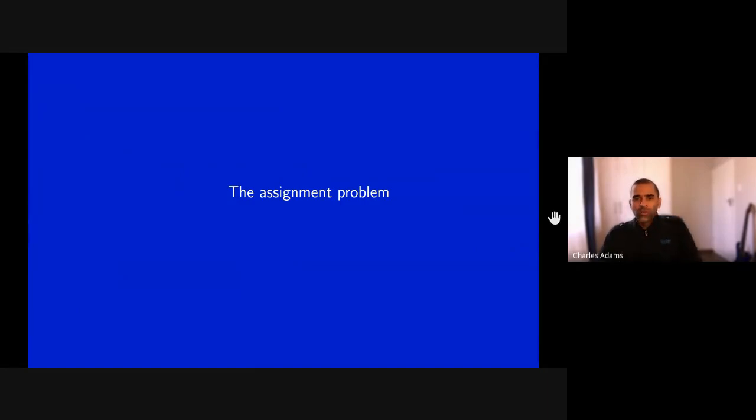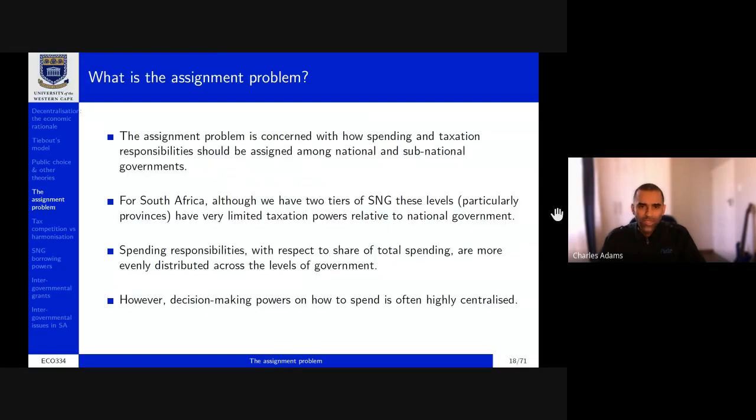Okay, so now let's talk about the assignment problem when it comes to thinking about centralized government versus decentralized government. Okay, so what do we mean by the assignment problem? This is concerned with how spending and taxation responsibilities should be assigned among national and subnational governments. I would also include the policy, right? Not just spending and taxation, but also policy.